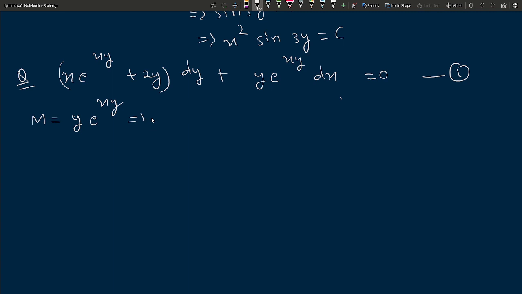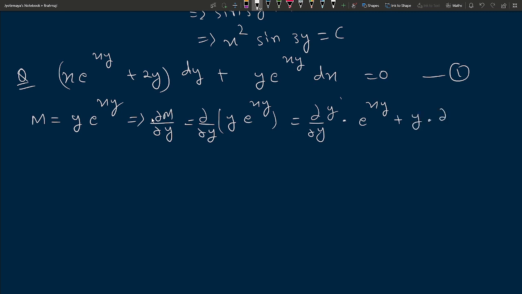Okay, so your del m by del y equals del by del y of y into e to the power xy, partial derivative with respect to y. So this is del by del y of y, into e to the power xy, plus y into del by del y of e to the power xy.